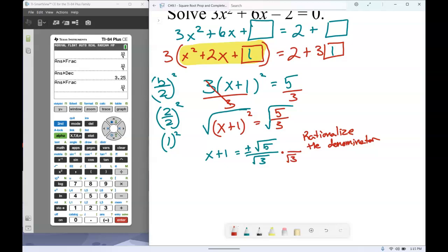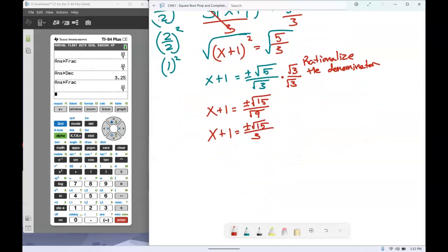The square root of 3 times the square root of 3 gives me the square root of 9. What's the square root of 5 times the square root of 3? So when I multiply those, then I can simplify it and I get plus or minus root 15 over 3. Now I don't have a radical in my denominator, so I'm following those rules for simplifying radicals.